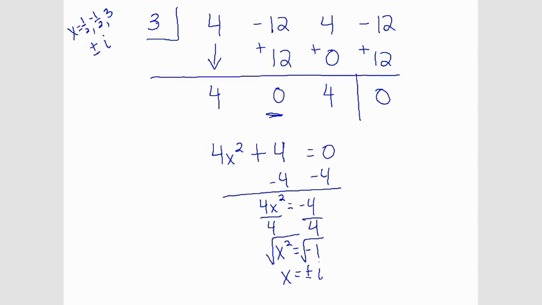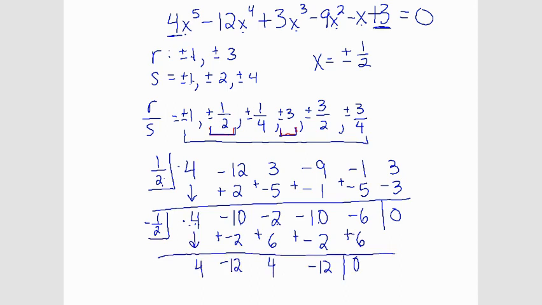So in short, let's recap really quickly. With the rational zero test, we're going to write out the factors of the constant. Again, don't have to write plus or minus, but you have to keep in mind that negatives are possible. Then we write out the factors of the lead coefficient.